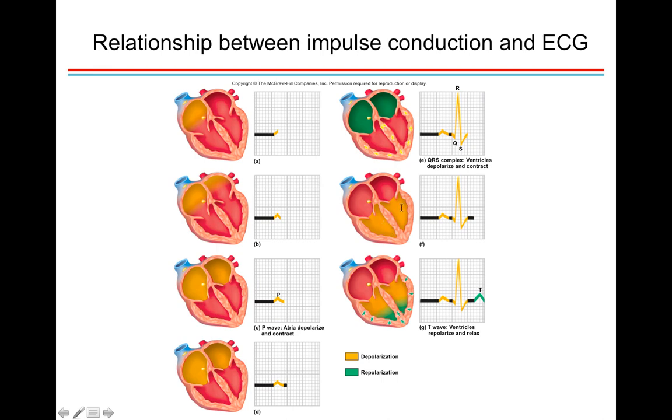And although we don't see it on the ECG, there is indeed a repolarization of the atria that occurs. That happens, we just can't see it, because the QRS wave is so dominant. But we can see the depolarization of the ventricle, and in the end, we begin to see that the T wave is the repolarization of the ventricle.